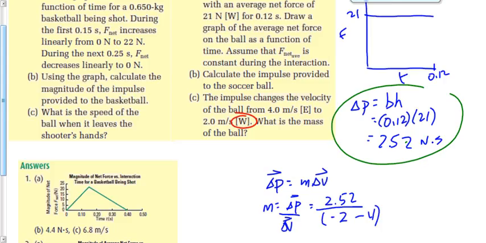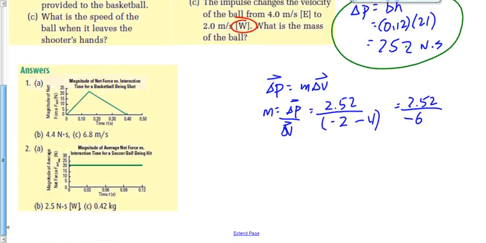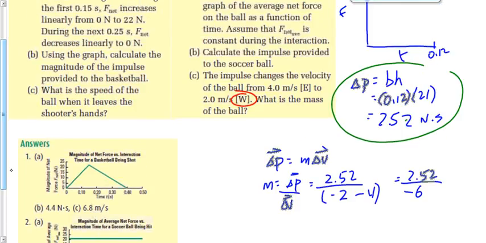Draw my attention to the fact that it's west. Draw attention to the fact that I got to make it a negative value. 2.52 divided by -6 I assume gives me the answer in the book, which is 0.42. Yep.